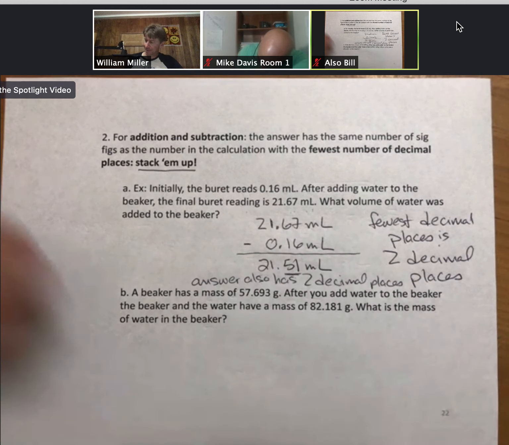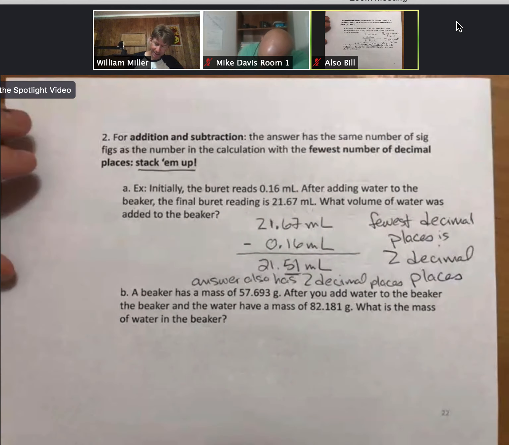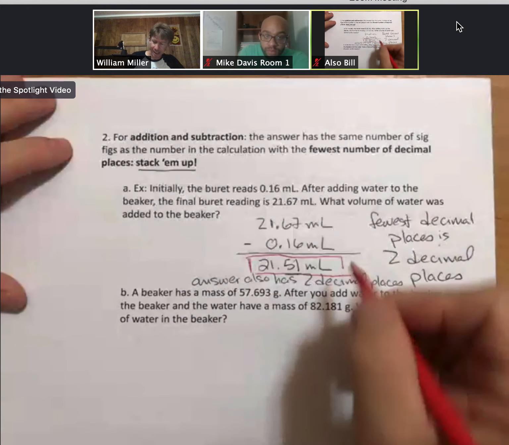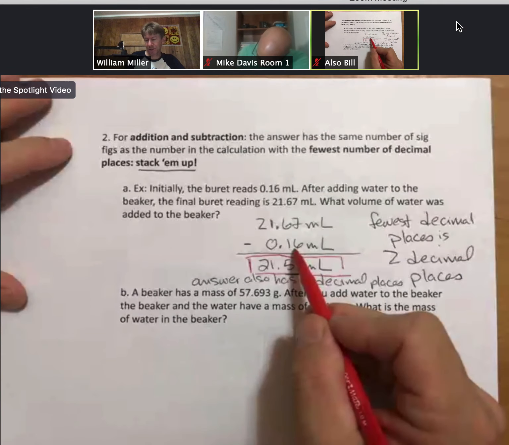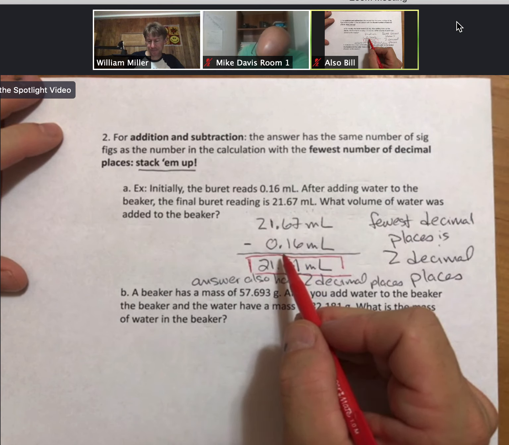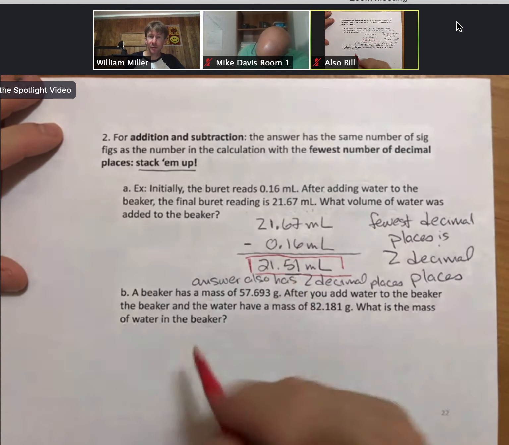And that means that this is our final answer. Even though this number only had 2 sig figs, the final answer has 4.